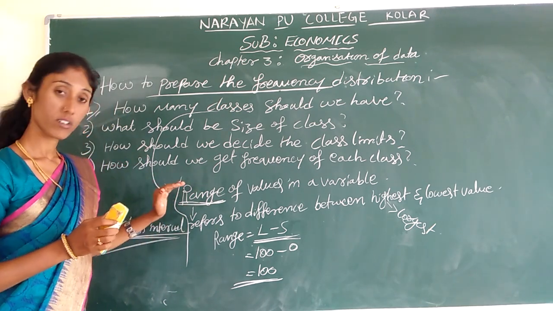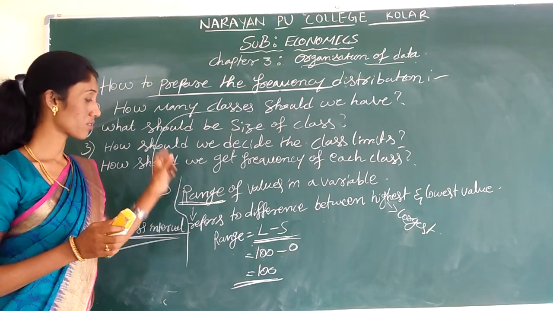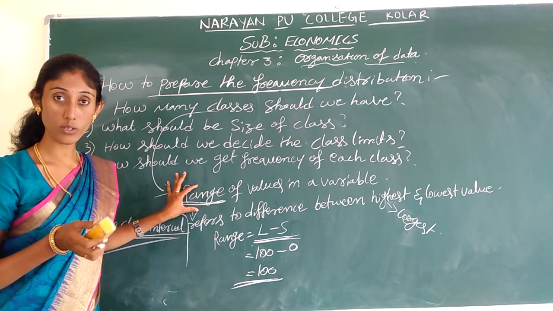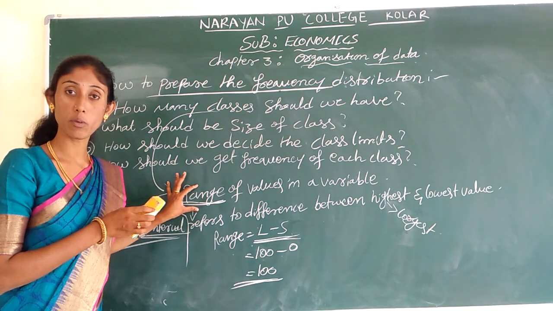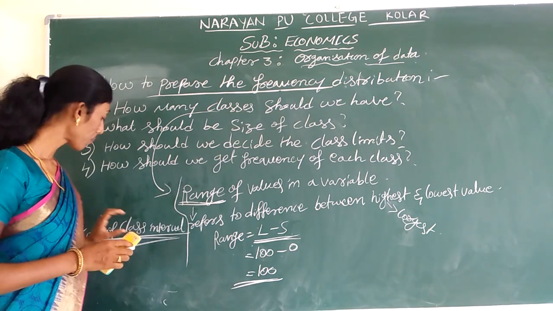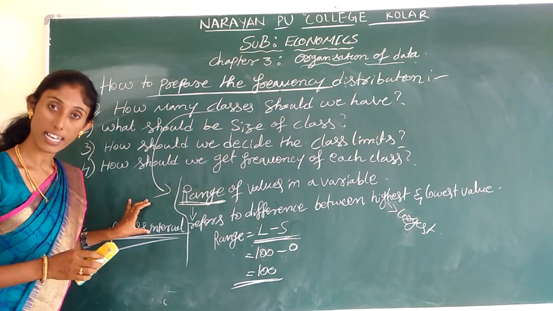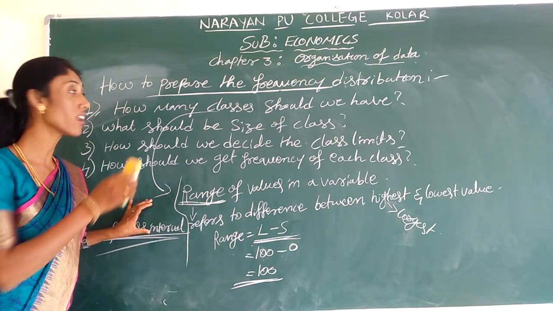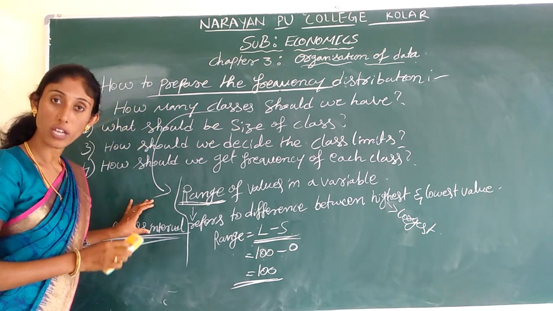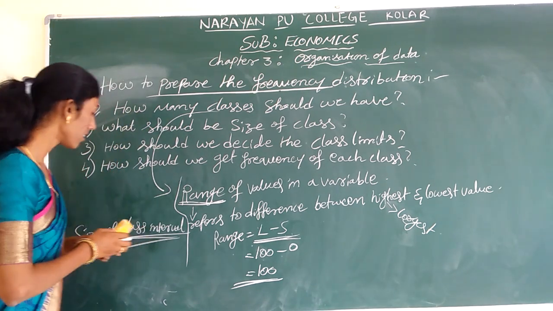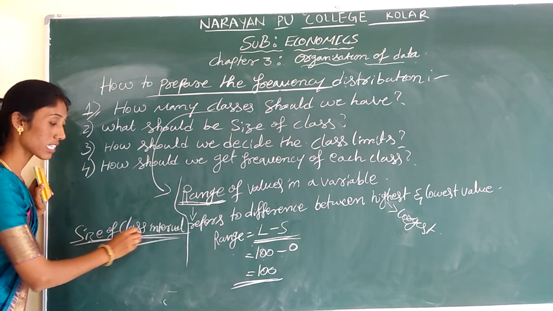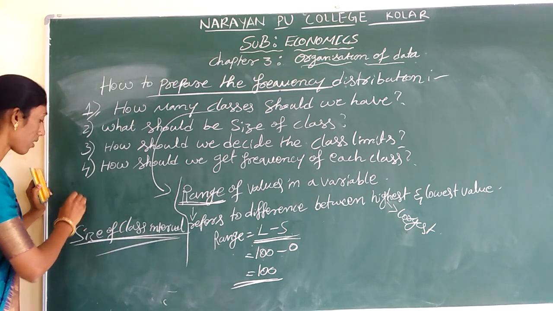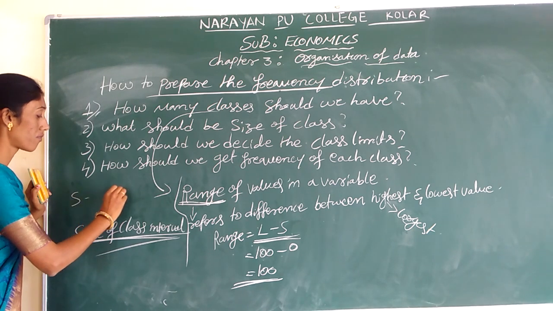That's why to decide the number of classes, firstly we need to know the range of the values, and second we need to know the size of class interval, to decide how many classes we should have. Here the class interval may vary from 5 to 15.